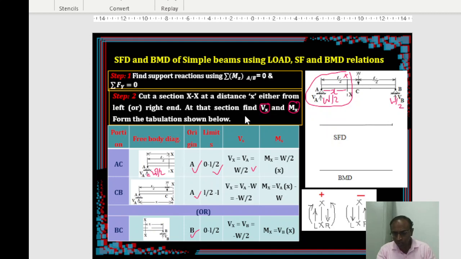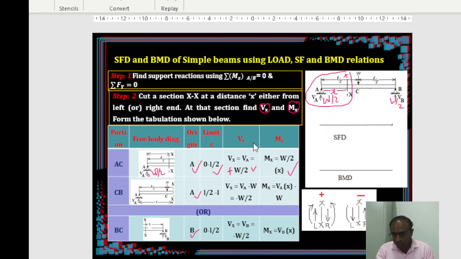The sign convention is that when you are left of the section, upward should be taken positive. So you are going to get this value as plus W by 2. Now at the same location, what is Mx? Mx is nothing but load times distance, W by 2 times x.